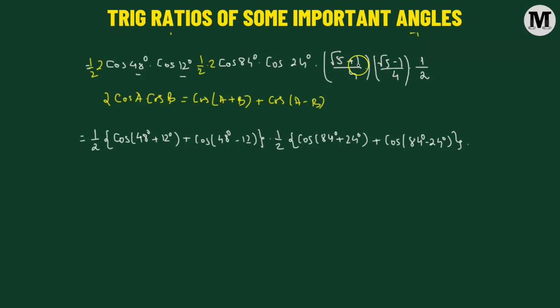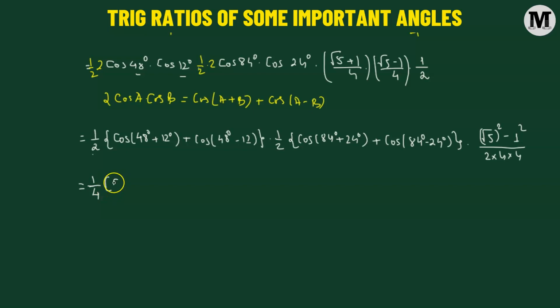So let's find this product: square root of 5 plus 1 times square root of 5 minus 1. This will be simply the difference of squares. So we have square root of 5 squared minus 1 squared, divided by 2 multiplied by 4 times 4. Now we have half; let's multiply this half with this half to get 1 over 4.